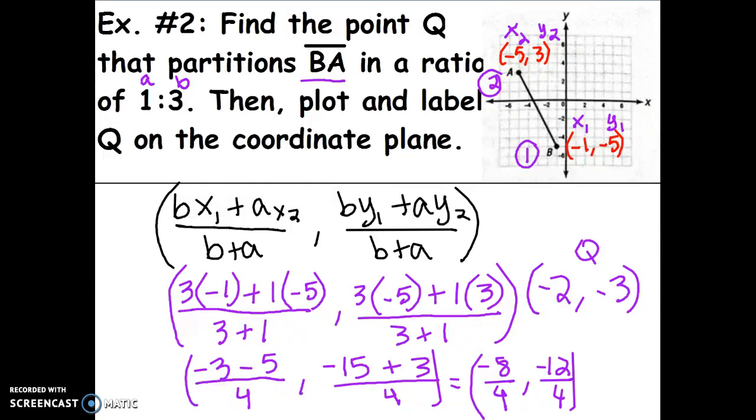Now we need to come back up to our line segment and plot that point on it. Negative 2, negative 3 is right there, and that is point Q. What we're saying is that as we travel from B to A, this portion is the 1 of the ratio.